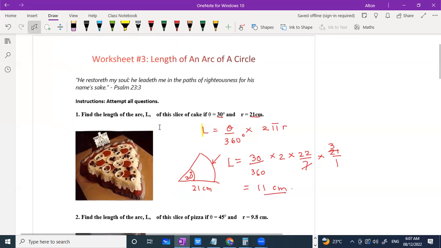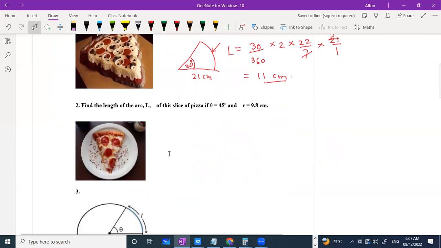Question number 2. You're given a similar problem here, but this time we are looking at a pizza, and we are told that the angle here is 45, and we are asked to calculate our arc length if the radius is 9.8.